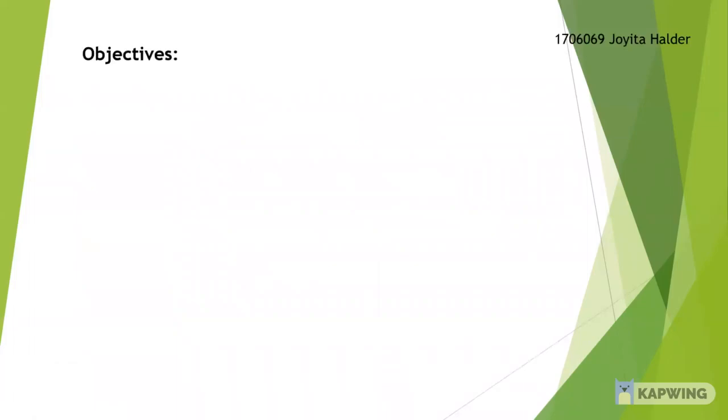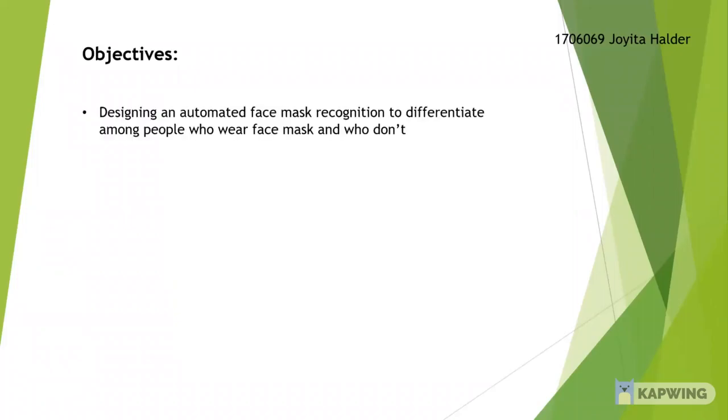The first objective of this project is designing an automated face mask recognition to differentiate among people who wear face mask and who don't. Since the declaration of COVID-19 virus as a pandemic by WHO, efforts have been made by various parties to reduce the spread of the virus. The world is more depending on the implemented intervention by the authorities.